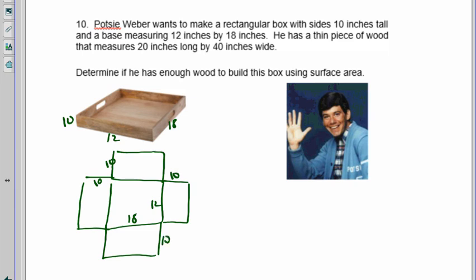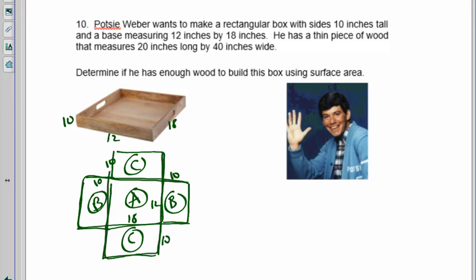And so I really have 3 different shapes. I have the middle, I have 2 of this dimension, and I have 2 of this dimension. And there's some potential for combining some rectangles, right? I could combine this way and put the C's together. I could go this way and put the B's together. I'm just going to do them separately here just to avoid some confusion.